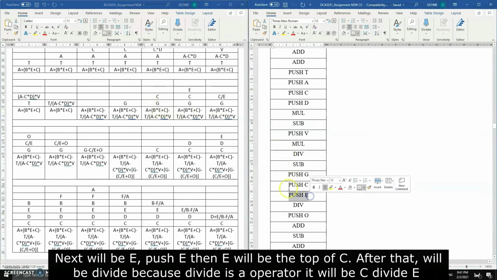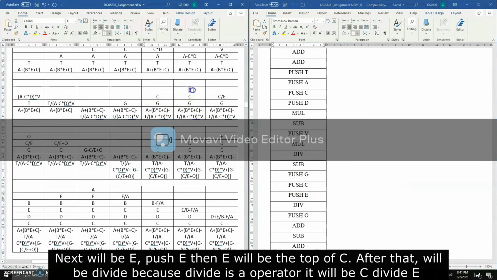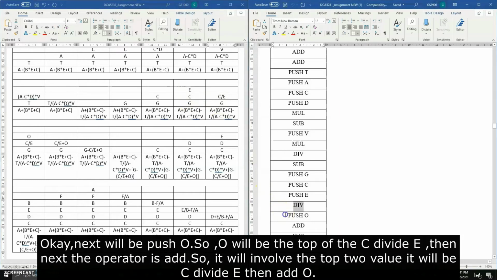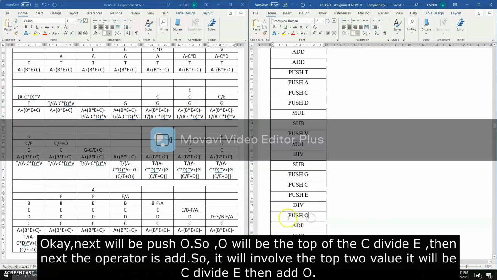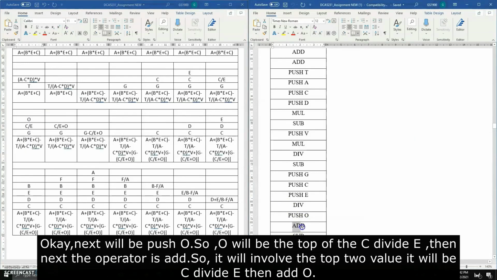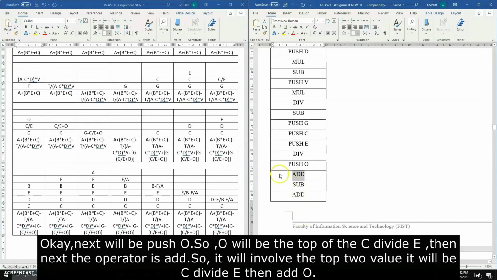Okay, then next will be E, push E. Then E will be on the top of C. Okay, after that will be divide. Because divide is an operator, it will be C divide E. Okay, next will be push O. So O will be the top of the C divide E. Then next operator is add.